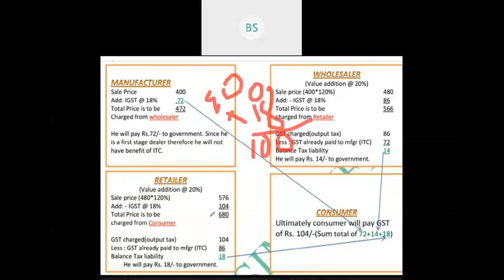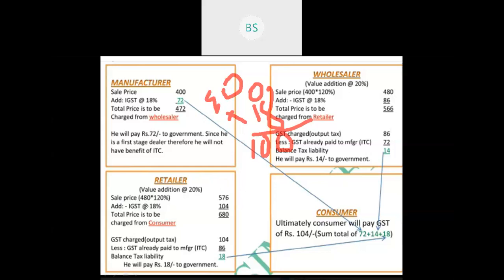I think 576 it should be. 576. Have you done it? Correct. It is 480 of 20% only that you have done. So 576 means after adding 20%, the amount will be 576.